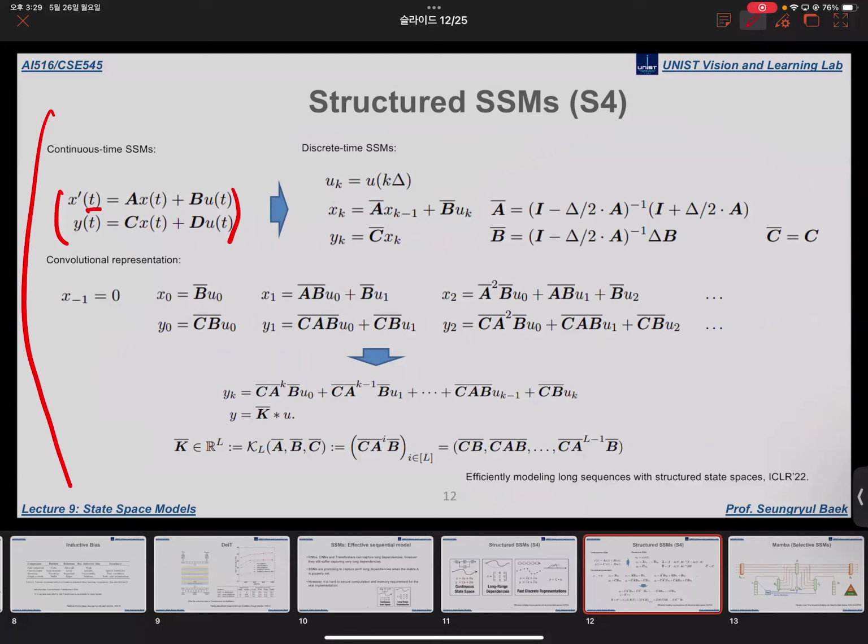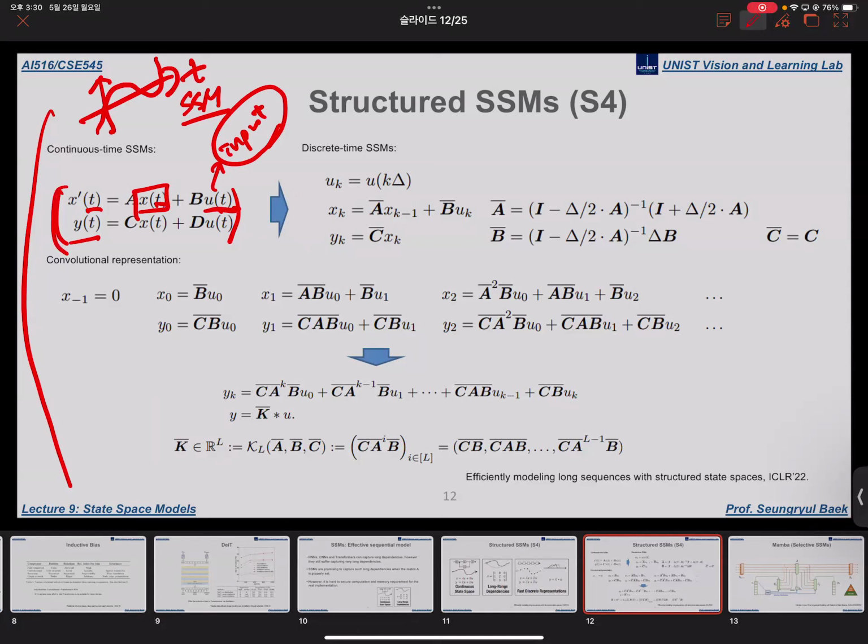As I mentioned, the original SSMs assume that the input u, the hidden state, and also the output are continuous time signals, which means signals like this are continuous time signals.